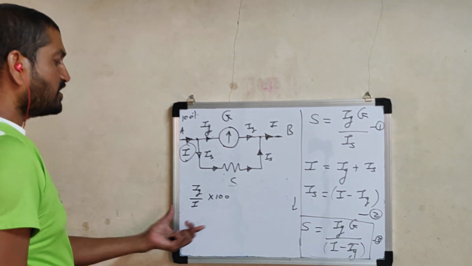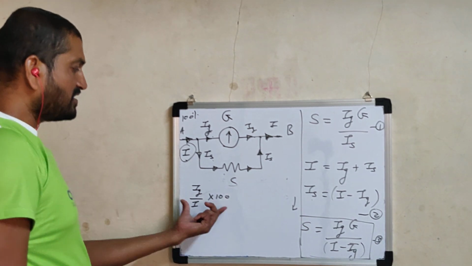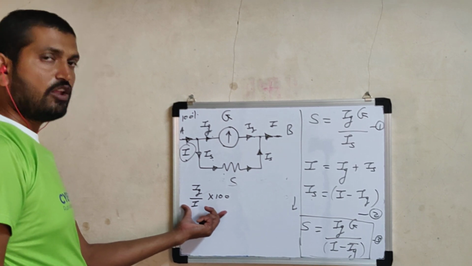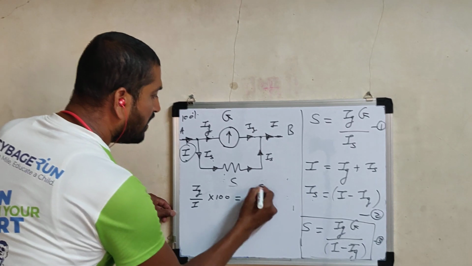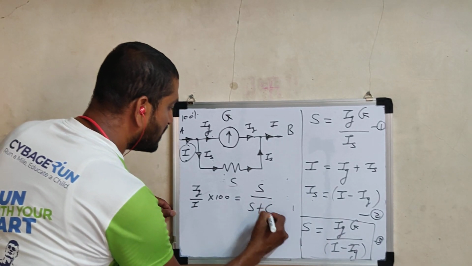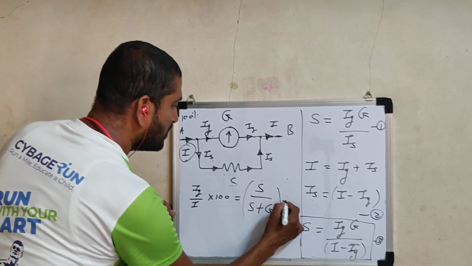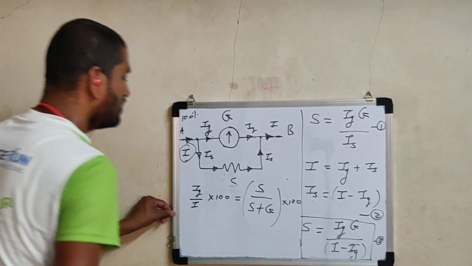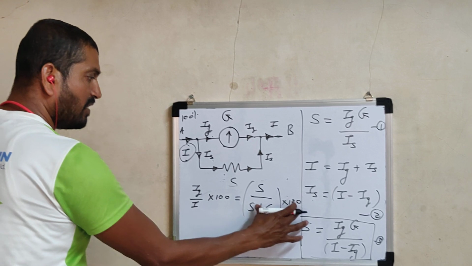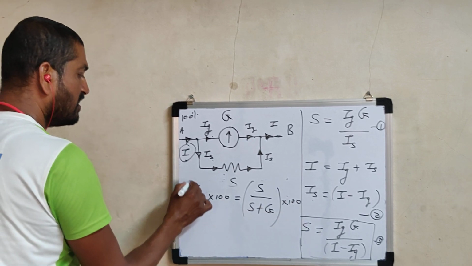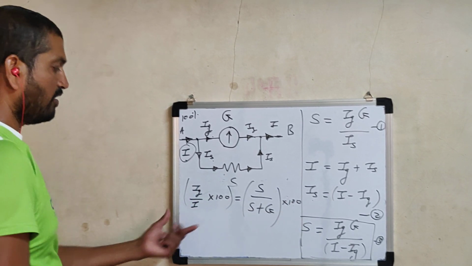This is called the fraction or percentage of current flowing through the galvanometer. And to calculate this current, what is the formula? S upon S plus G multiplied by 100. Listen carefully: S upon S plus G into 100. This fraction multiplied by 100 always gives the percentage of current flowing through the galvanometer.